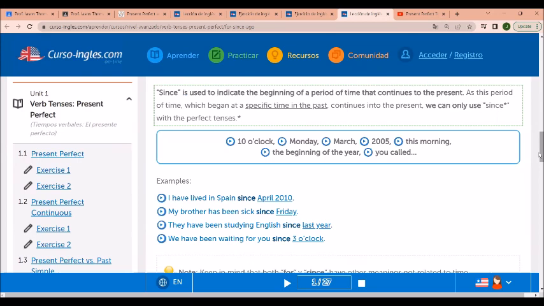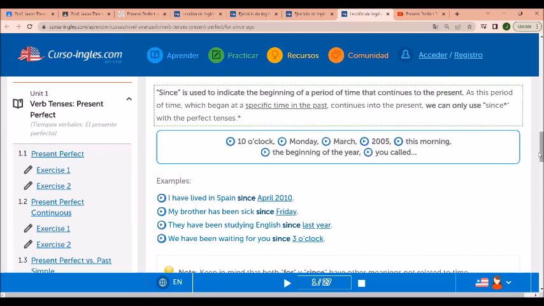We can only use since with the perfect tenses. For example: 10 o'clock, Monday, March 2005, this morning, the beginning of the year.